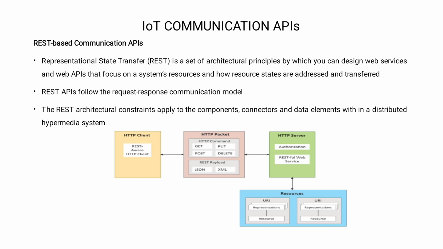REST APIs follow the request-response communication model. The REST architecture constraints apply to the components, connectors, and data elements within a distributed hypermedia system. This diagram shows the IoT communication APIs of REST-based communication API.